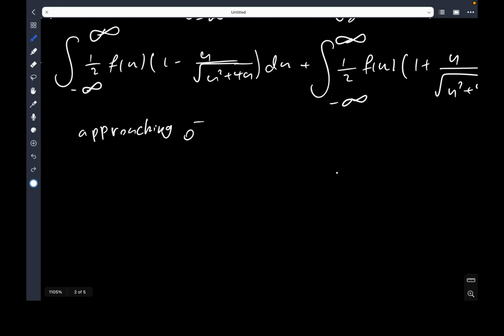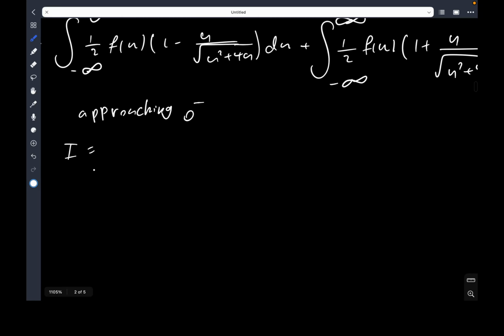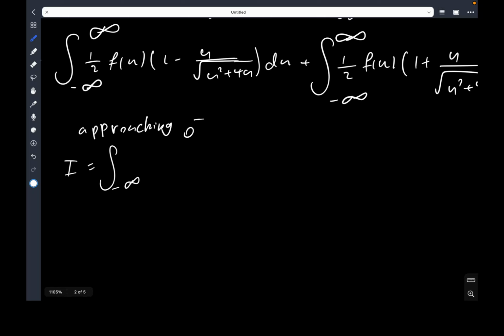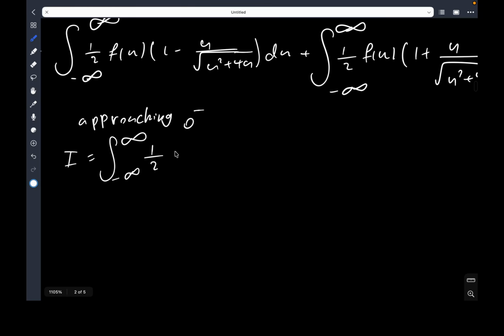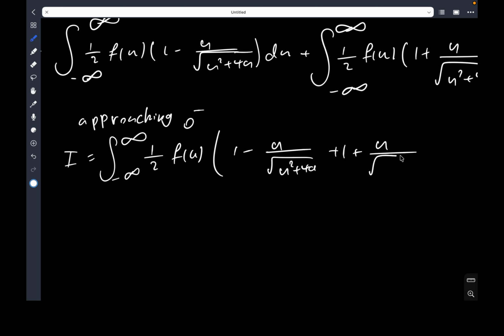But anyways, my I is going to be negative infinity to infinity, because the bounds are the same, and the integrals are added up. I can add up this integral as half f of u times 1 minus u over root u squared plus 4a plus 1 plus u over root u squared plus 4a du. These two are going to go away.